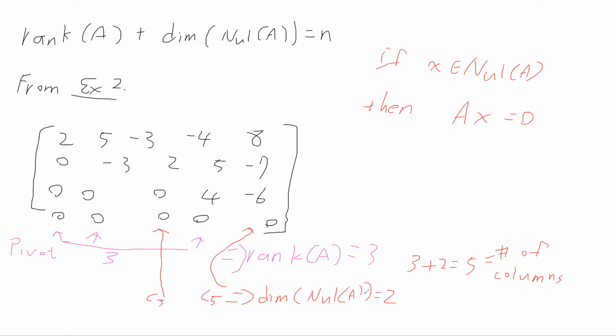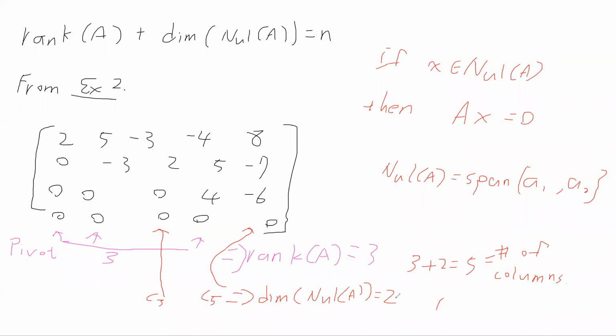Let me say that again. If we see that the dimension of the null space of A is 2, that means the null space of A can be spanned by some vectors A1 and A2, right? Two vectors, because the dimension of the null space is 2.